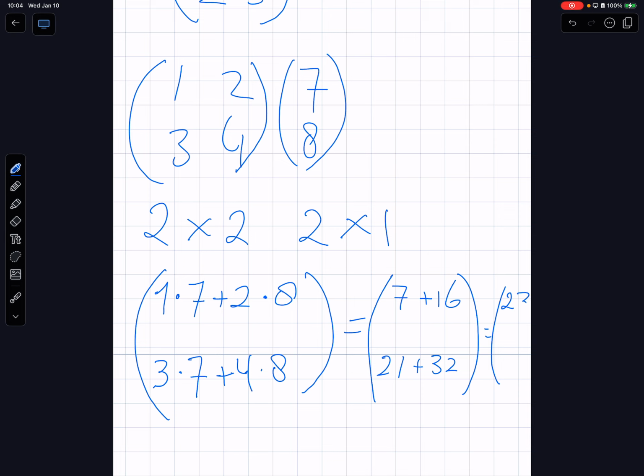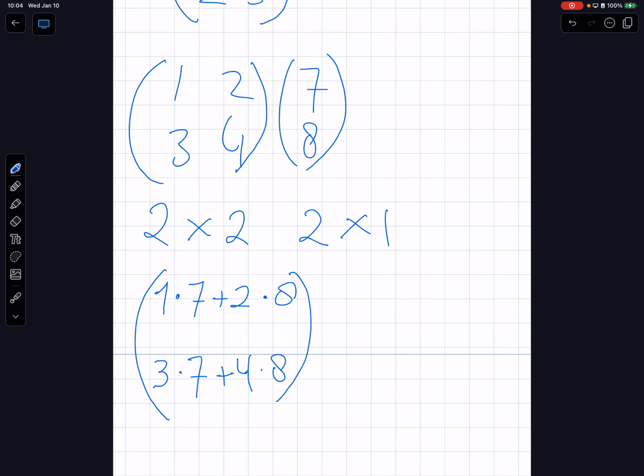This is 3. What if in the second matrix there would be 2 rows and 2 columns? Then your answer will be 2 rows, 2 columns. So would that be?